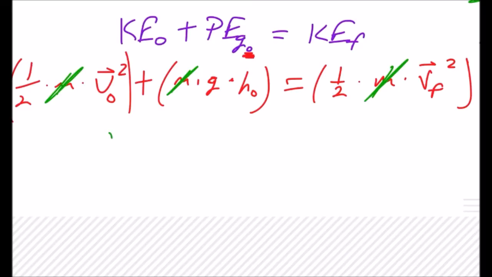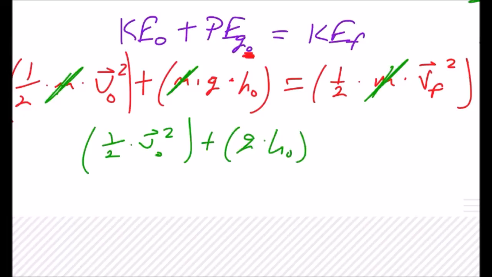Now let's rewrite what's left: 1/2 times the initial velocity squared plus g times h naught equals 1/2 times the final velocity squared. What do we do now? We're trying to get the final velocity alone, so we need to get rid of the 1/2 fraction.